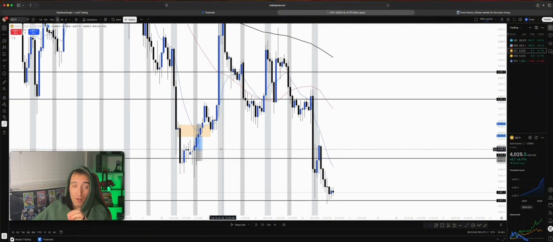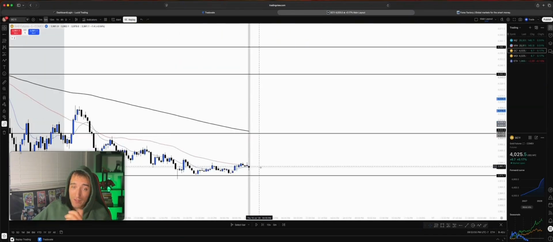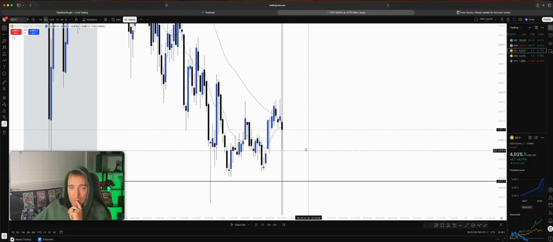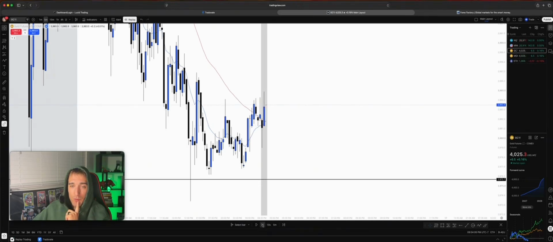We won on Monday off a trade off this area. Now we might be able to win another trade off this area, but we'll have to see. So once again, it's a waiting game. So trading session has started. We're going to sit on our hands and we're going to see what we get.